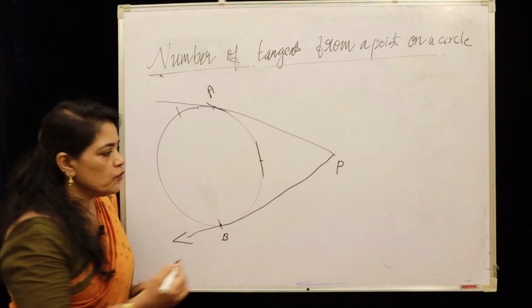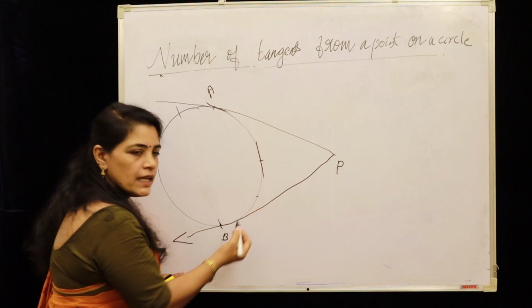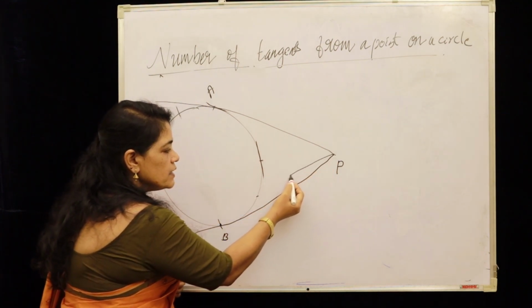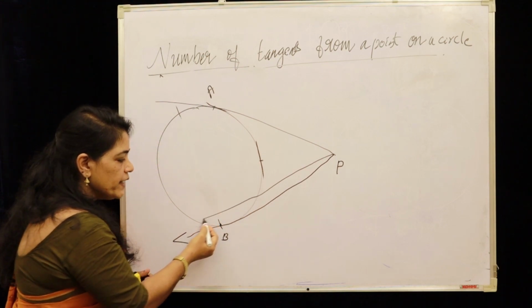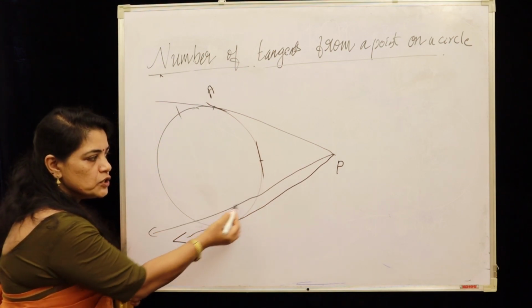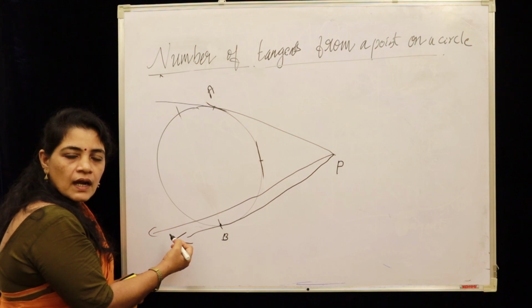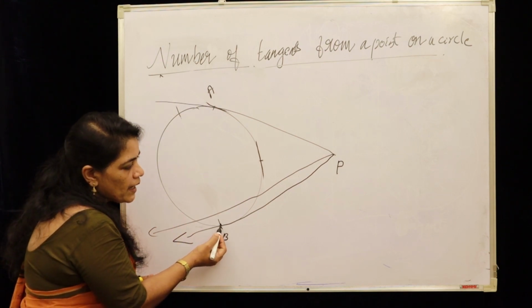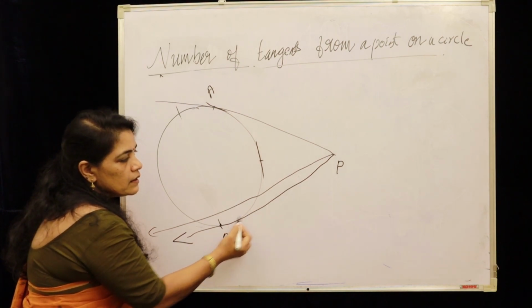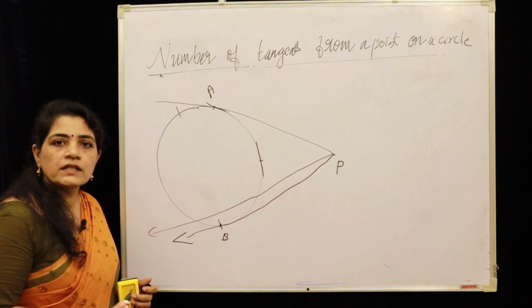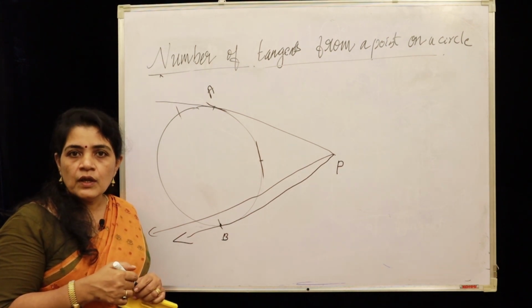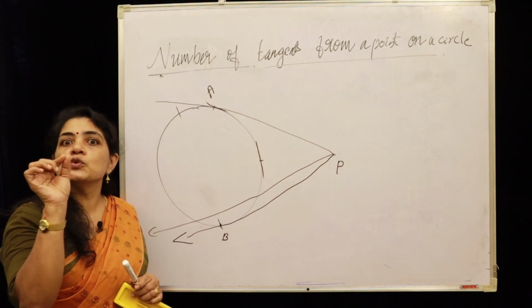Why? Because if you mark a point C like here, children, and join it to P, it will cut the circle at two points. Understood? So if the point P is lying outside the circle, you can draw exactly two tangents.